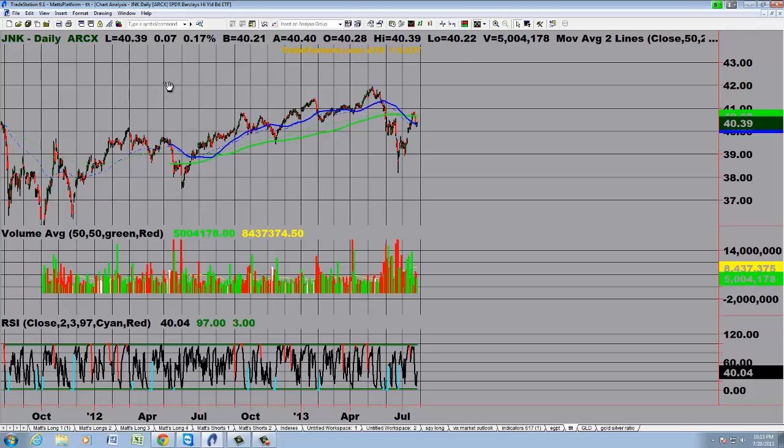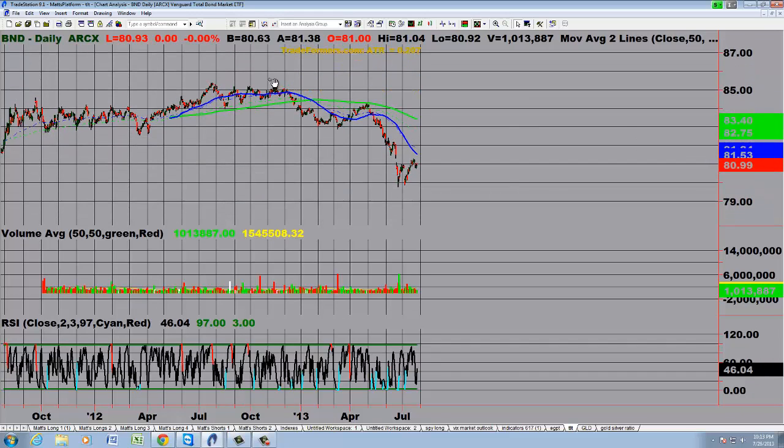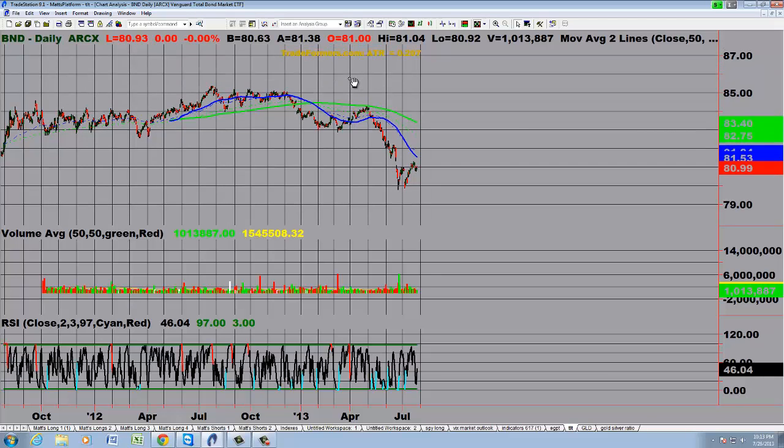Did we miss anything else? No, I think we got it. We can look at one other index. This is the total bond fund, and you can see tremendous pressure on the Vanguard total bond fund. This is a blend of lots of different parts of the yield curve.